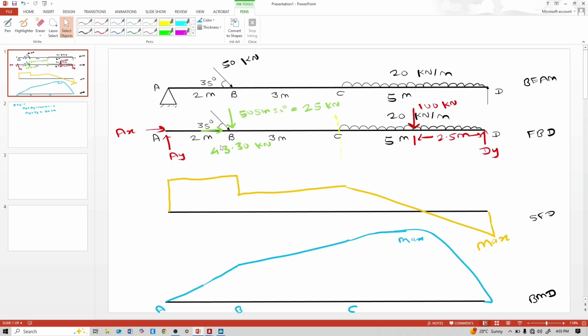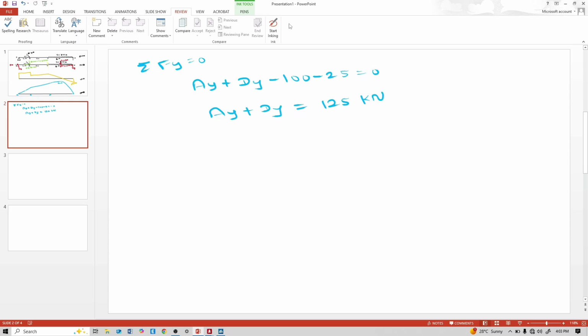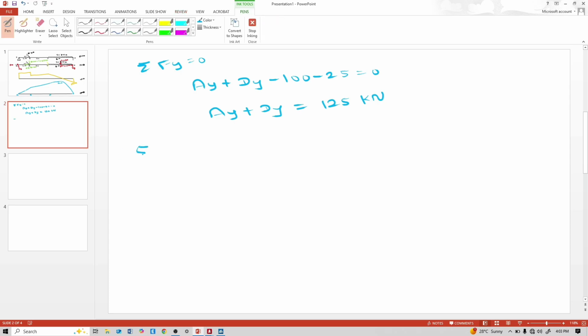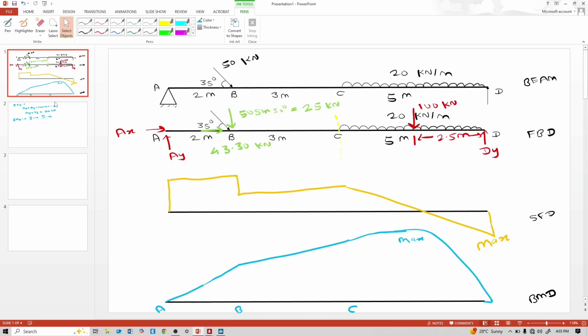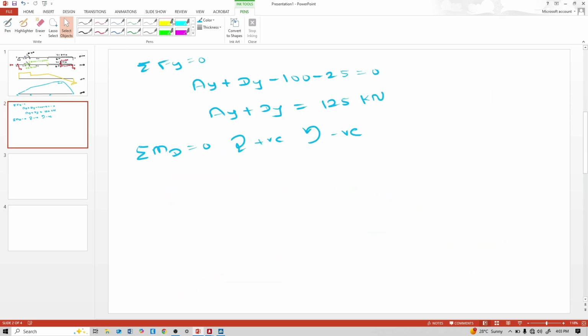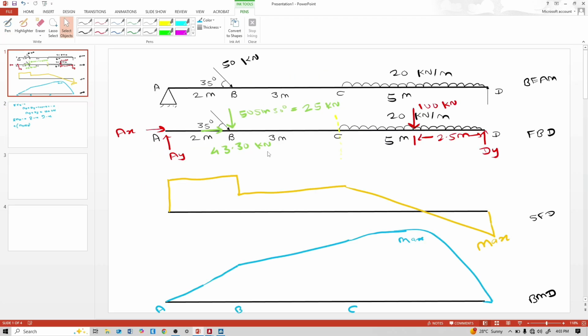Now we need to calculate AY or DY. So take moment at this DY. Clockwise moment positive, anti-clockwise moment negative. This is clockwise, that means positive, AY into 10 minus 25 into 8.